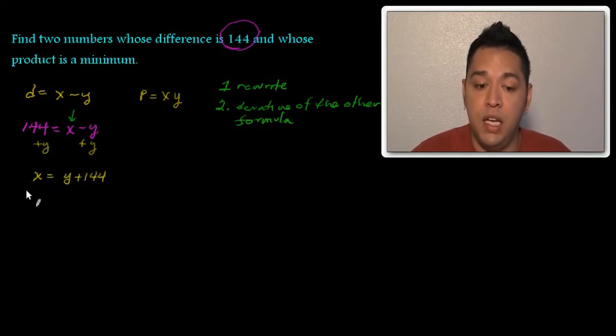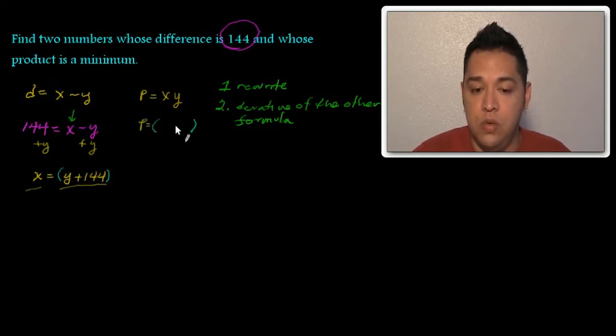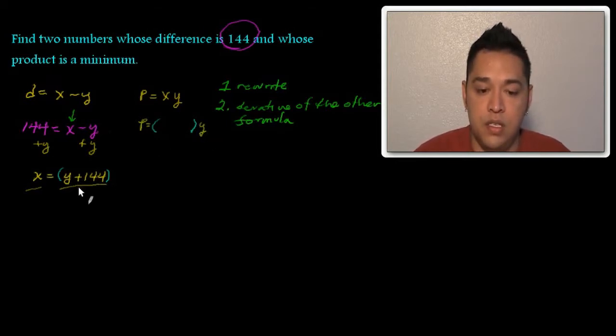But before I do that, I need to plug in this part, because since both of these are equivalent, I could replace that x with this new value. What's inside the parentheses is going to replace this x, and everything else is going to stay the same. So I'm going to have p is equal to my new x value times y, and that new x value is y plus 144.